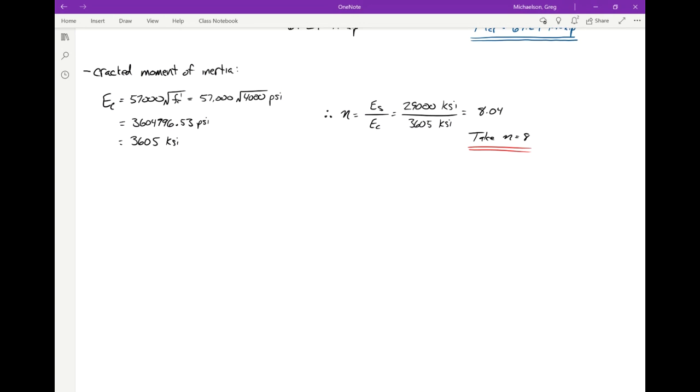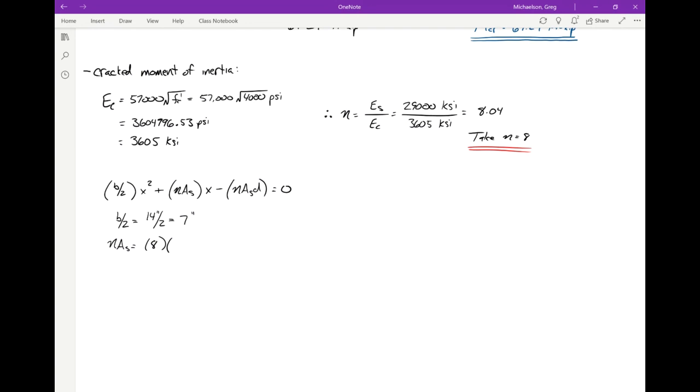Now, in order to compute a cracked moment of inertia, we need to know where our neutral axis is. So remember, we use that formula b over 2 x squared plus nAs times x minus nAs d equals 0. And so b over 2 is 14 over 2, which is 7. nAs is 8 times the area of steel.